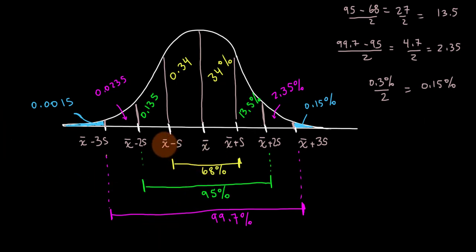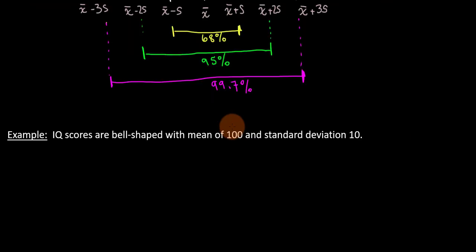All right, so back to this screen here, I'm going to scroll down to an example of IQ scores. A stats class would not be a stat class without an IQ example. And IQ tests are standardized in such a way that the mean of IQ scores is 100 with a standard deviation of 10. And those scores are following a bell-shaped distribution.